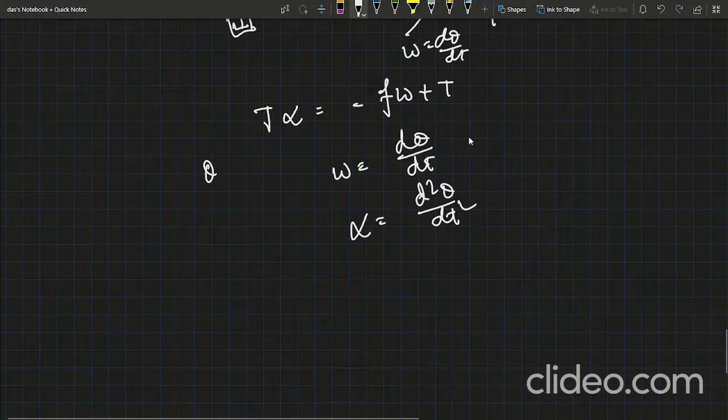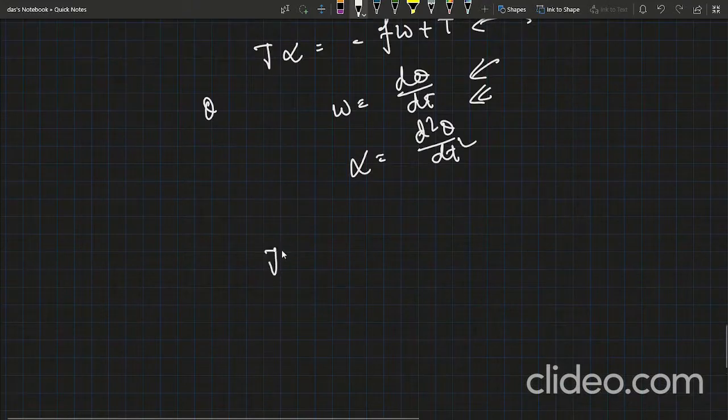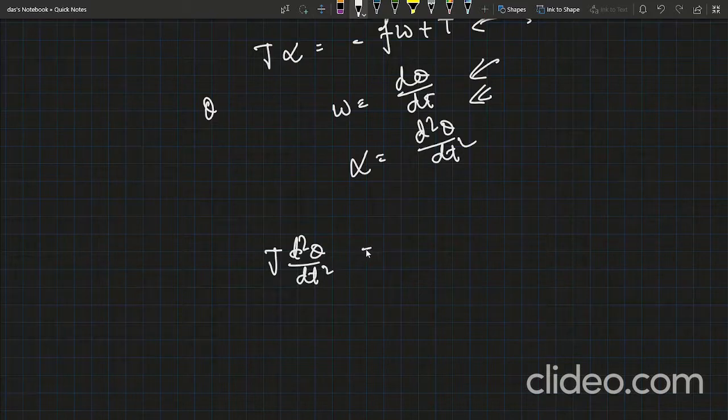Okay, so now substituting this value in this equation. Okay, so now J d2 theta by dt2 equals minus f d theta by dt plus T. So again we see that this is another form of second order differential equation for the rotational system.